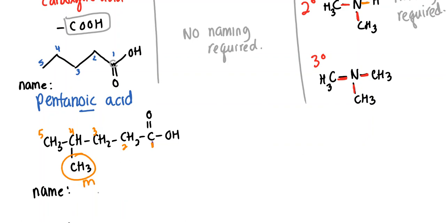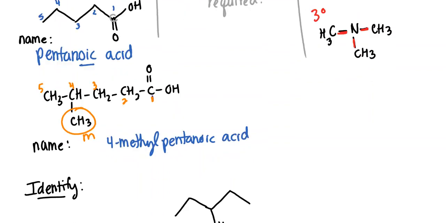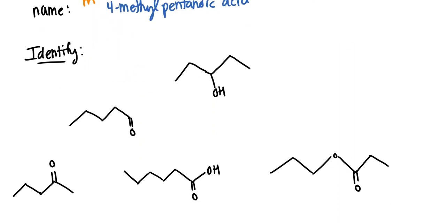So in our name, we'll say 4-methyl. And the last name, pentanoic acid. Again, this is carbon number 1, but we don't need to specify that. We number according to our functional group, but of course that has to be a 1 there.